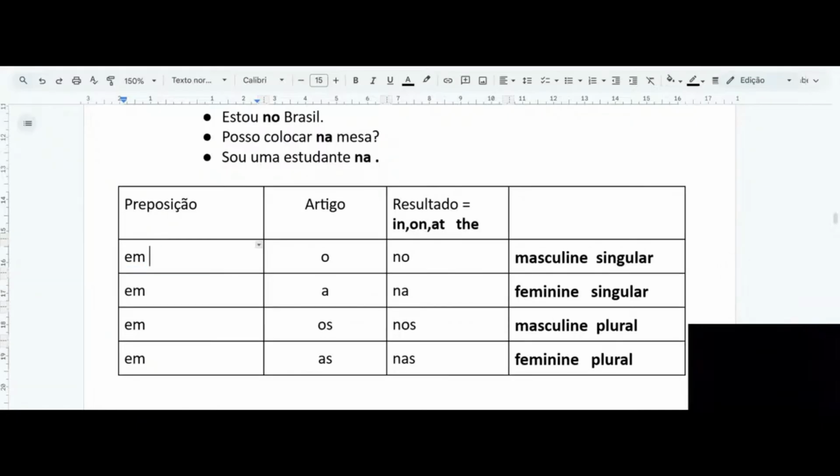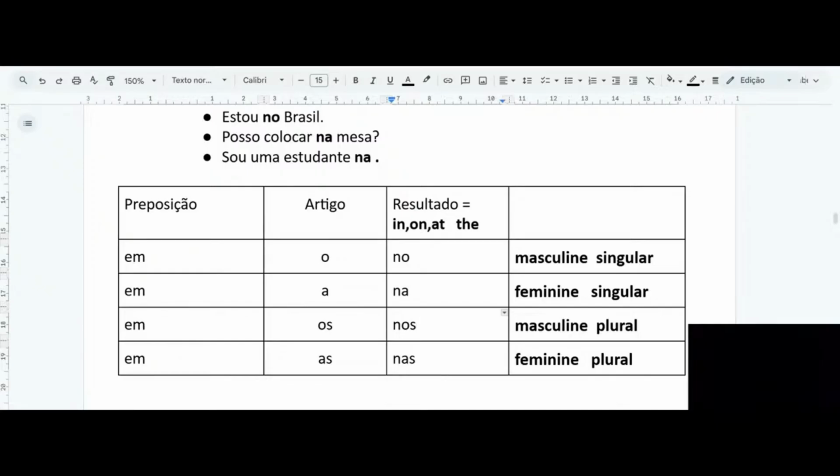Let's move on. So when "em" meets "o", we now get the "no". When "em" meets "a", we get the "na". When "em" meets "os", sorry, we get the "nos". This one is also a huge problem. I don't know whether I should explain it, but I will explain it one day when you are doing the other pronouns.